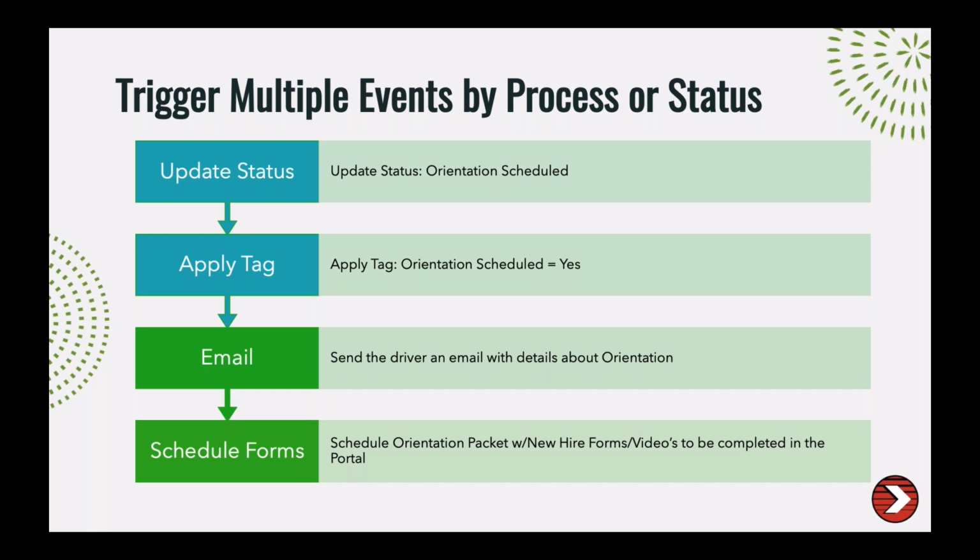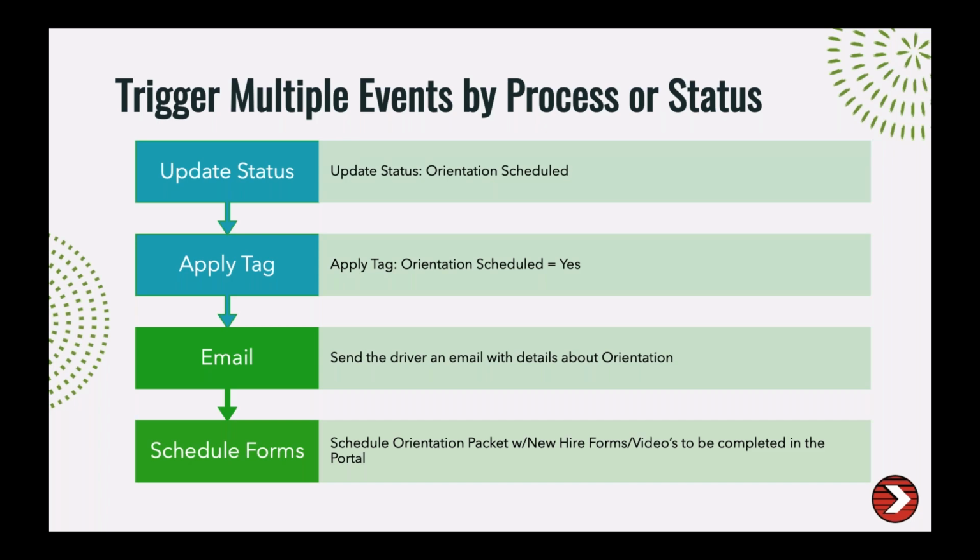It applies the orientation scheduled tag with a yes value. It sends an email out to the driver with information about orientation, and it could also schedule a communication out through the portal so the driver can complete new hire paperwork or watch certain training videos that you want them to watch. So a process can do all of those things.